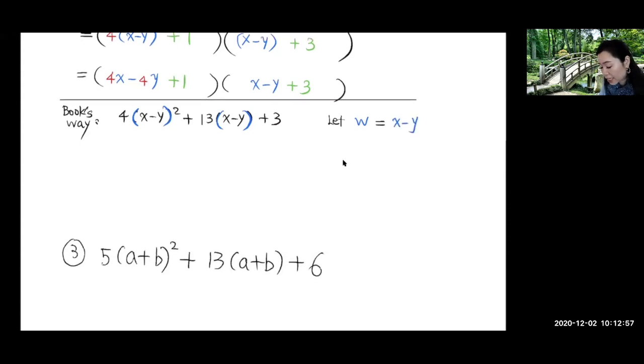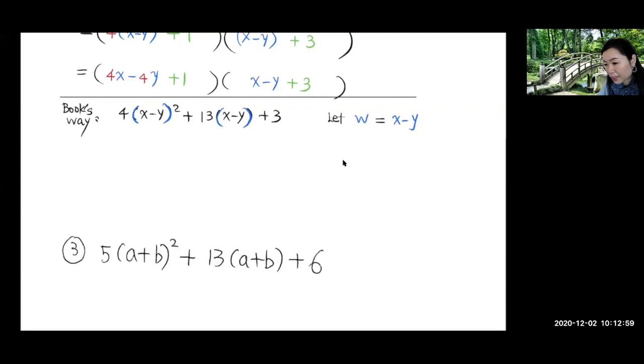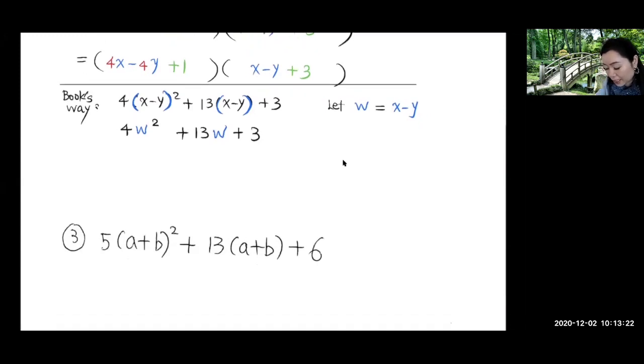Once they let W equal x minus y, then this becomes 4W squared plus 13W plus 3. So that's familiar. Then we can use try and error over here, so we do the same thing. We use try and error factoring.